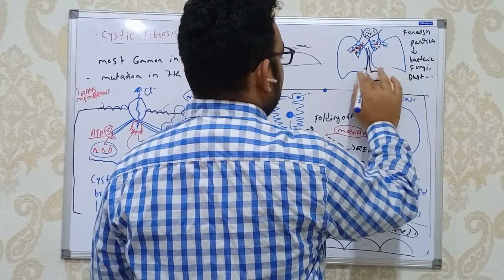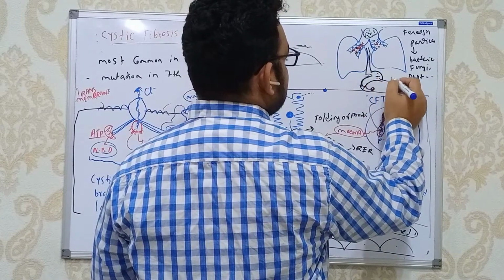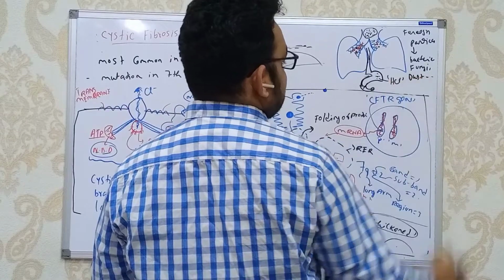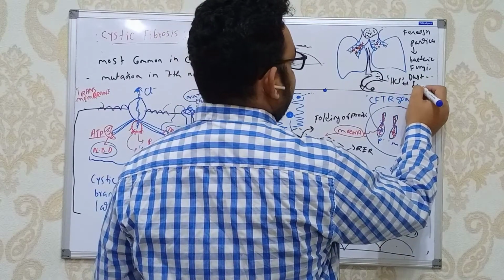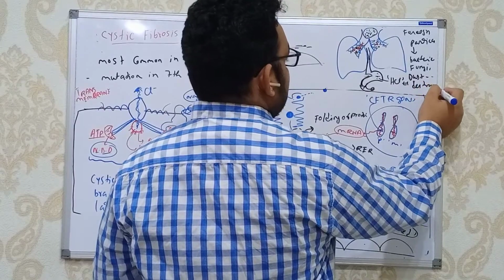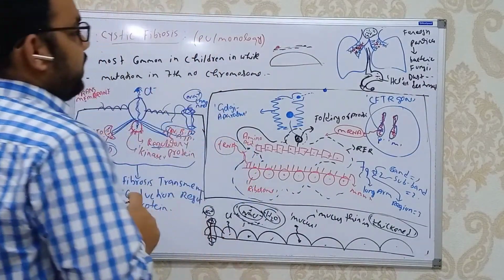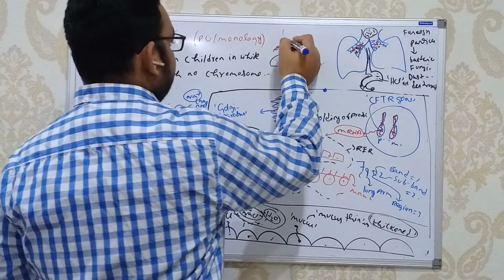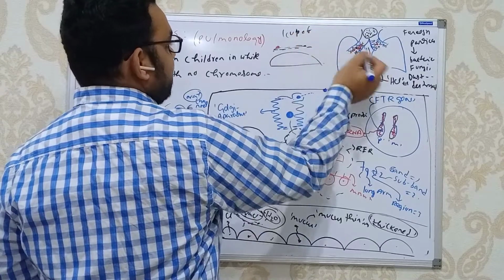After coming into the stomach, by the action of the HCl, all the bacteria and foreign particles will get destroyed. Basically, every day we swallow about 1 cup of mucus.